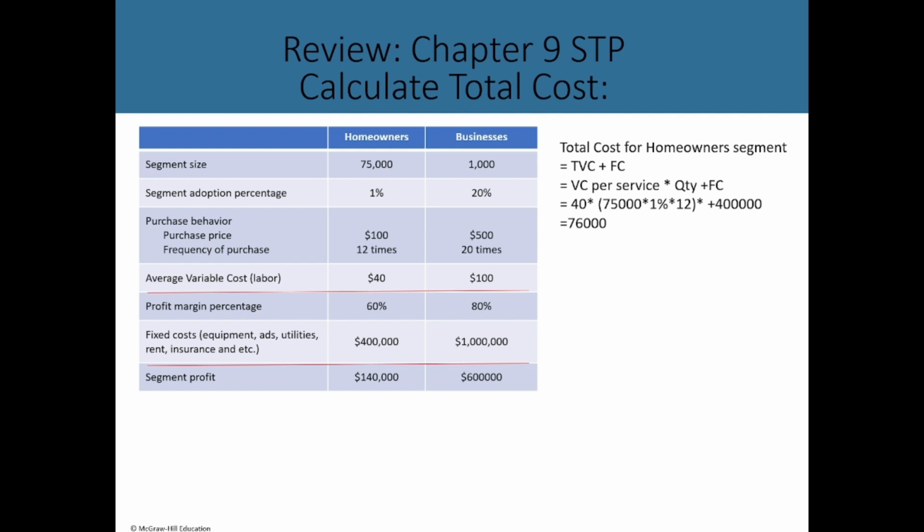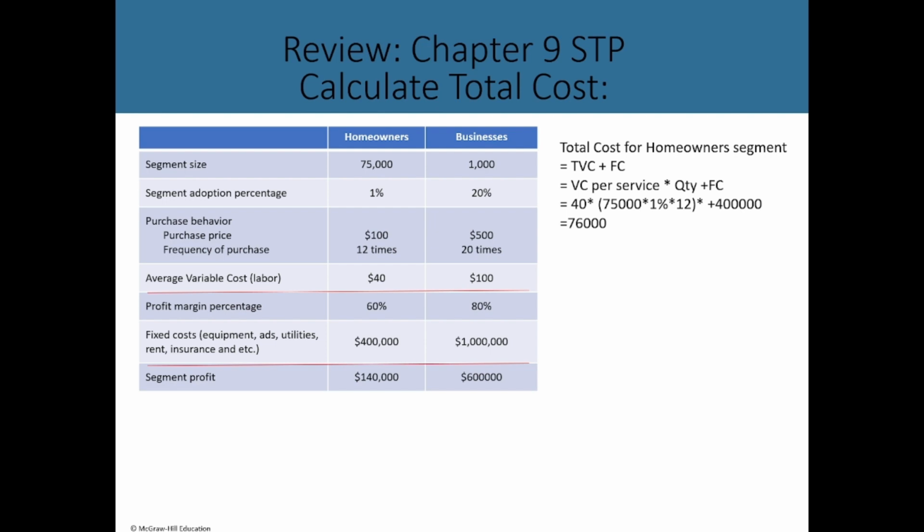So let's have a little review of what we learned in Chapter 9 when we talked about STP. We used this example to make decisions on which segment, homeowners or businesses, is more profitable for the newly started lawn company to choose.